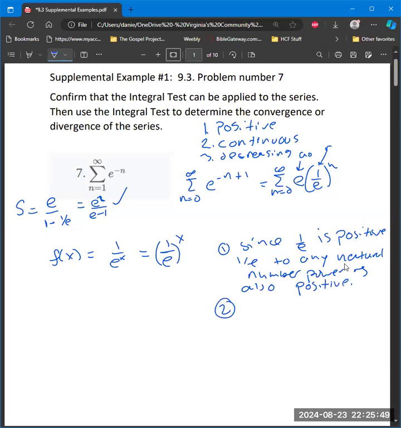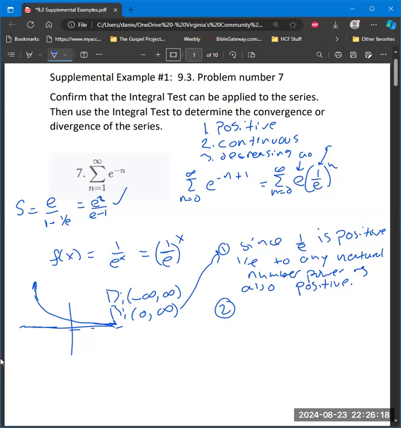If we looked at the graph, we could see that it's always greater than 0. The domain of this function is negative infinity to infinity, and the range is 0 to infinity, so the function is always greater than 0.